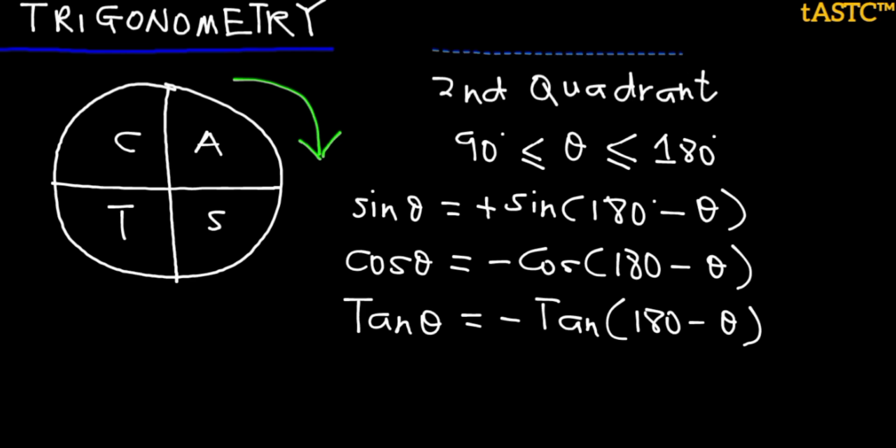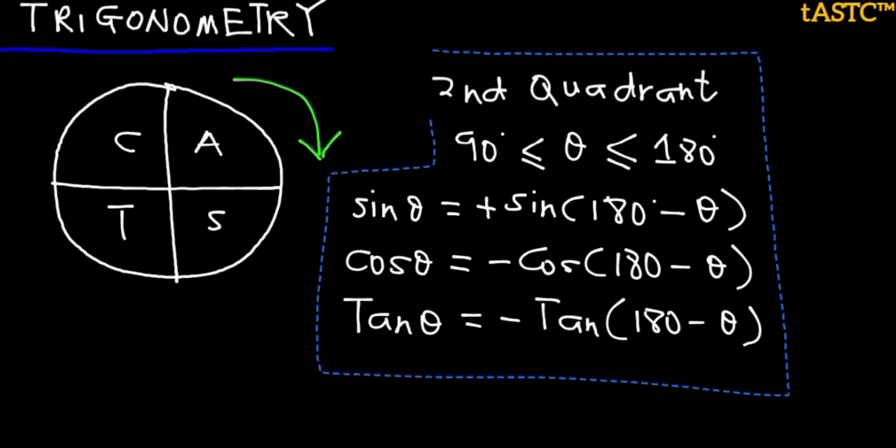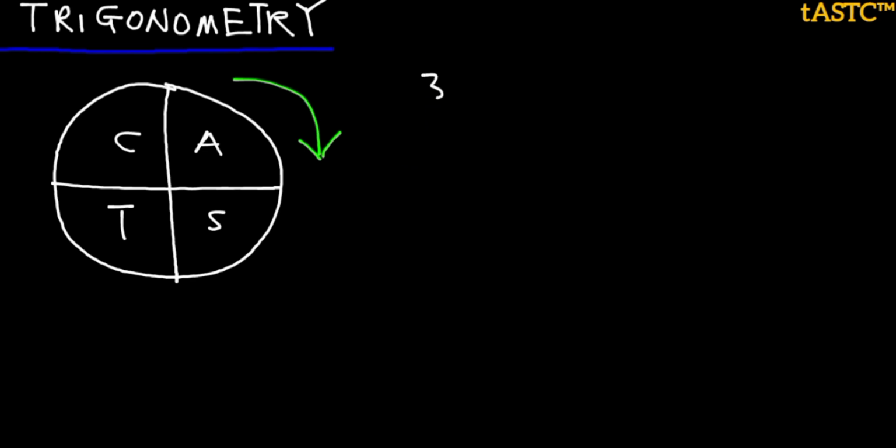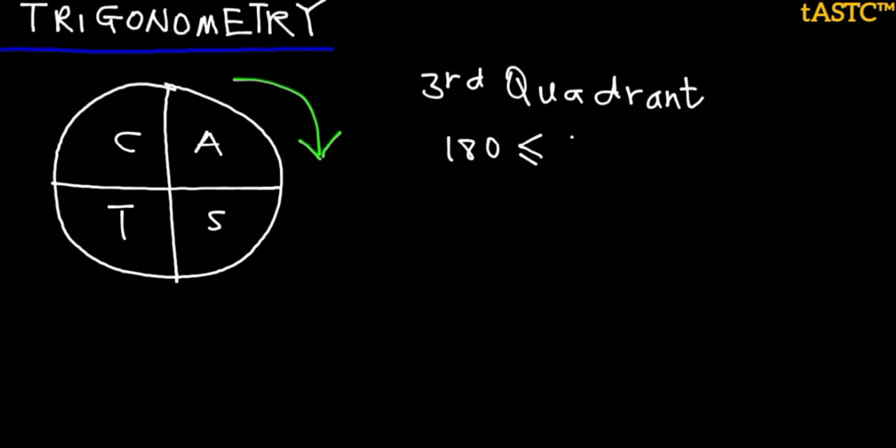Now let us move to the third. For the third quadrant, we actually have the angles being beyond 180 degrees, but they're going to be less than 270 degrees.